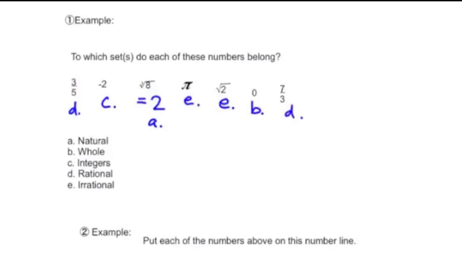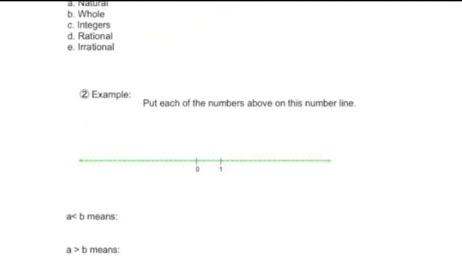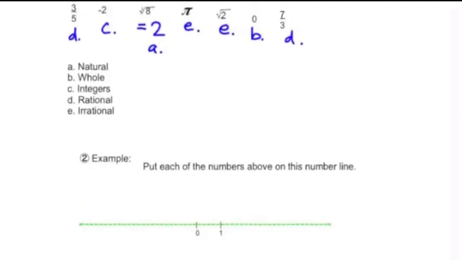Example 2 says, put each of the numbers above on this number line. Okay, so basically we're just trying to make sure that we understand how things are ordered on the number line. Okay, so let's draw everything in red then. 3/5 is a little bit bigger than half, but less than 1.